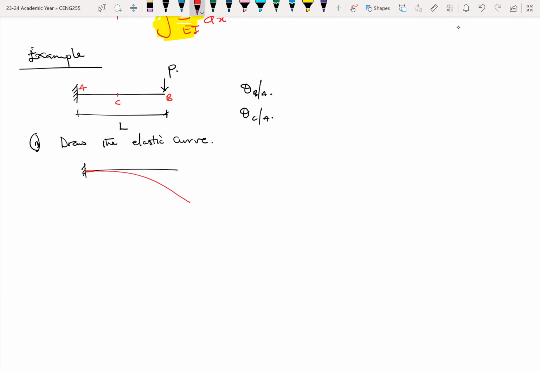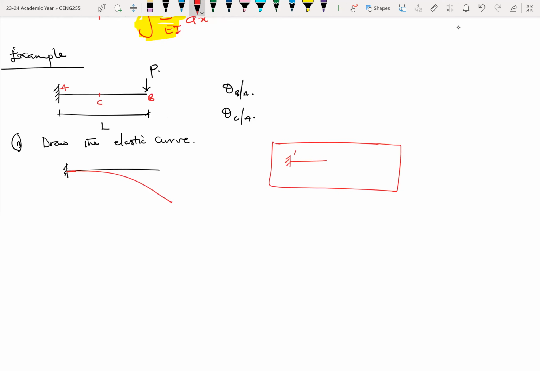Last week we learned a few things with respect to the fixed support. At the fixed support, if I call this fixed support A, the rotation at that point is 0, and the deflection at that point is also 0, which means that a fixed support will not undergo any rotations.